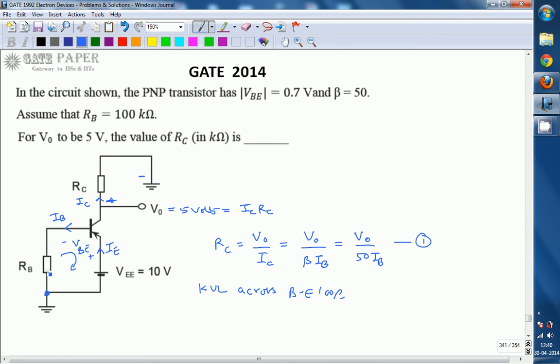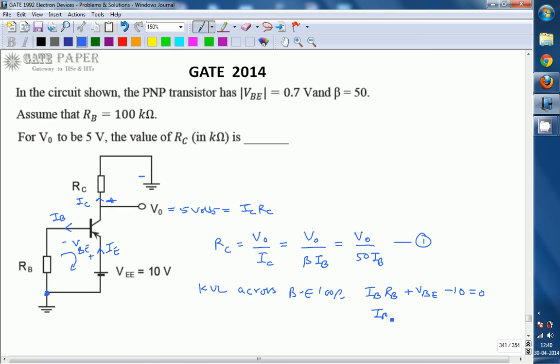Going through IB, it can be written as IB times RB, because the actual base current is flowing in this direction whereas we are going around the loop in the opposite direction, so we must take the positive sign. IB into RB plus VBE minus 10 is equal to 0.